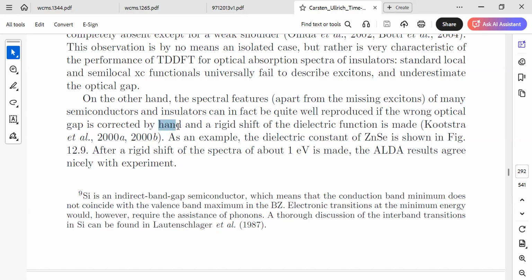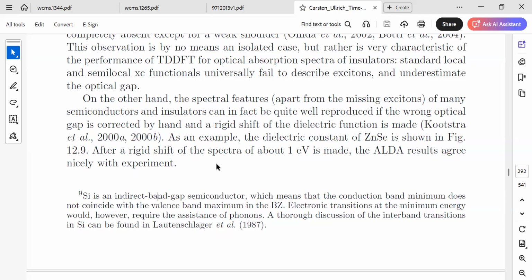What does this mean? This means that we add by hand the difference which was underestimated by these exchange correlation functionals. During the calculation of the optical spectrum, we actually do not use the band gap as calculated from DFT, but the band gap which is corrected by hand.